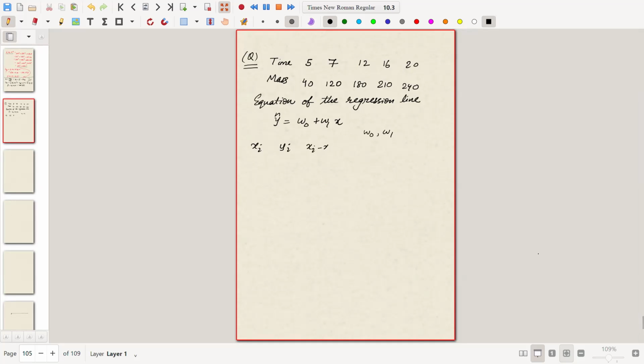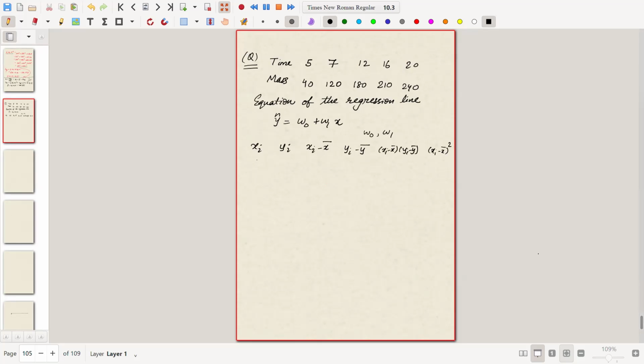xi minus x bar, right, in your equation. Then you need yi minus y bar. Then the multiplication of these two, xi minus x bar times yi minus y bar. There is one more quantity you need: xi minus x bar squared.